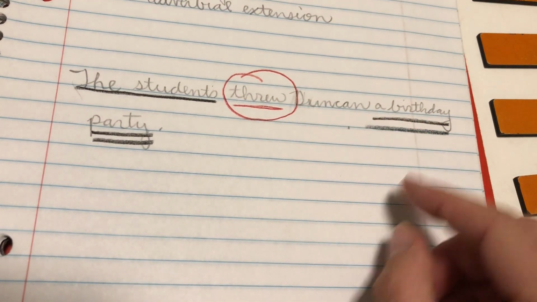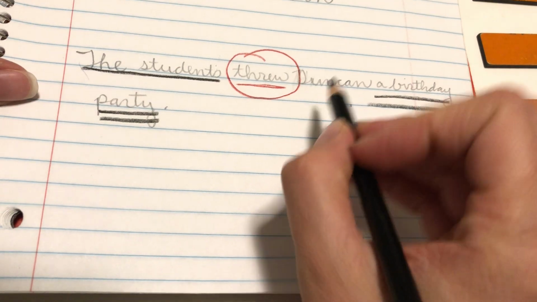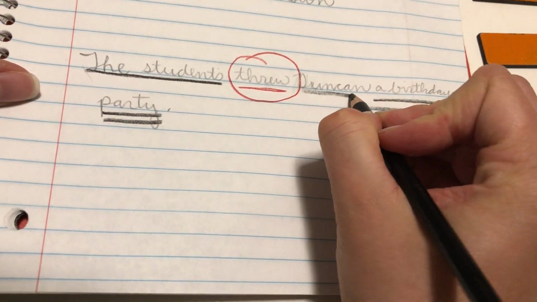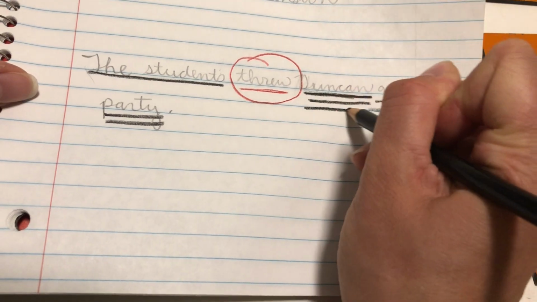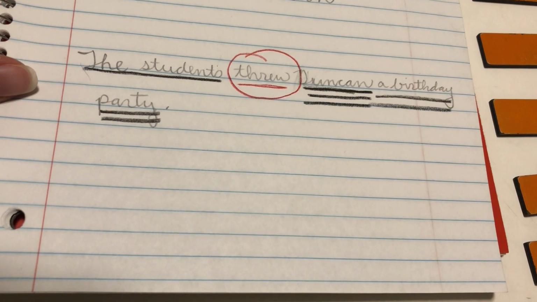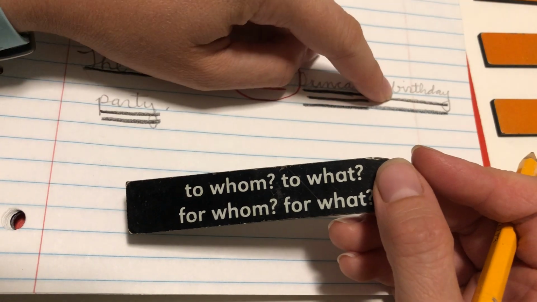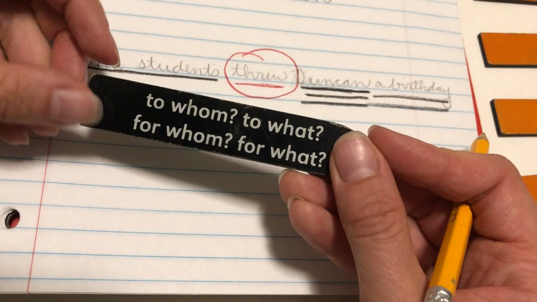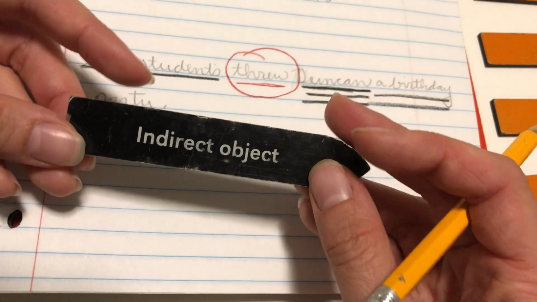For Duncan. So we're going to get our black colored pencil and we're going to underline that 3 times. 1, 2, 3. So what we have here, when we talk about the students threw a birthday party to whom or to what, or for whom for what, that is an indirect object.